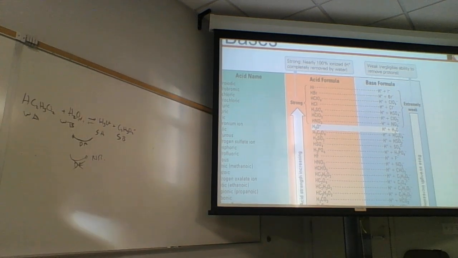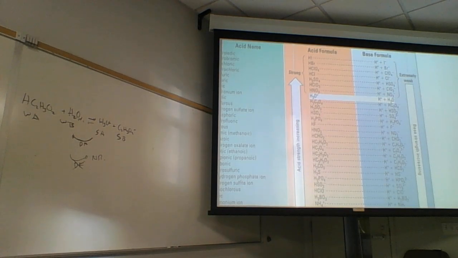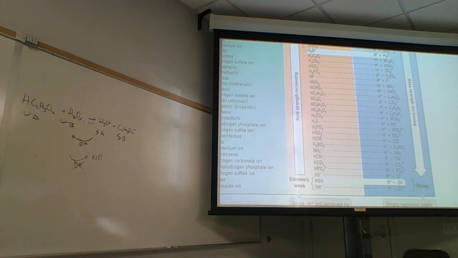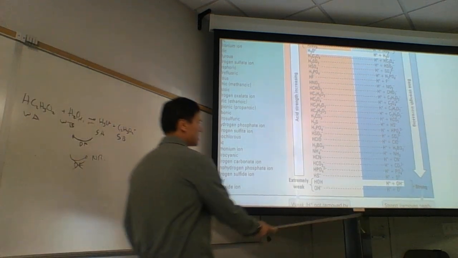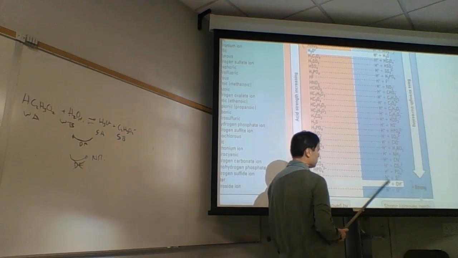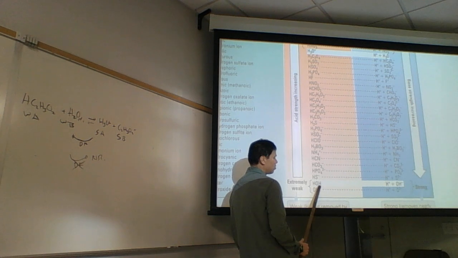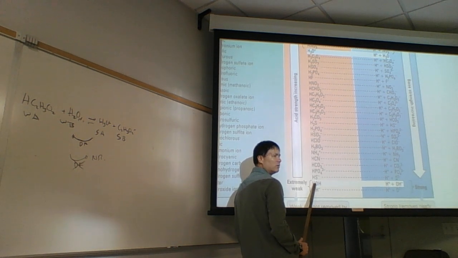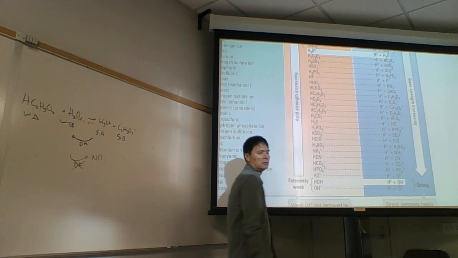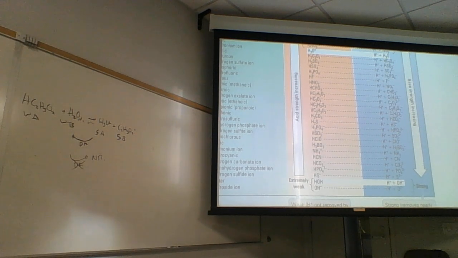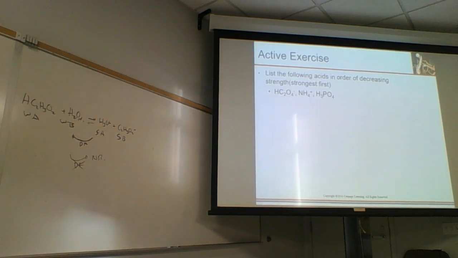The stronger the base, the more it's going to pull on that H+. And so something like hydroxide has a very strong pull on H+. So once hydroxide grabs onto the H+, it forms water. Does water lose that H+ easily? No. It's stuck on there. So that's part of the conjugate relationship also.